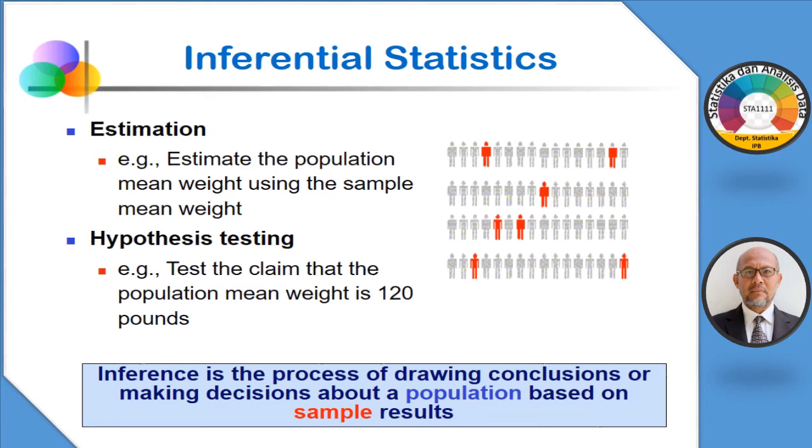So we can conclude that inference is the process of drawing conclusions or making decisions about a population based on sample results, based on sample data, and then we draw a conclusion or make a decision about the characteristics of the population. Is it clear? Okay, thank you.